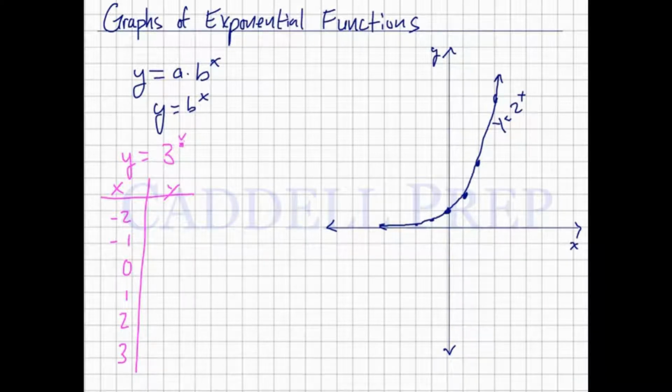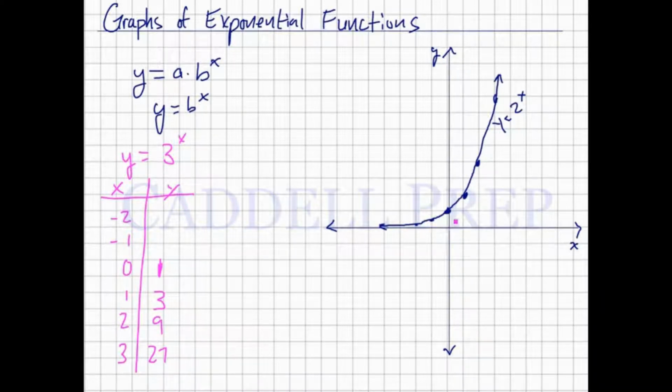We put 0 in. 3 to the 0 is going to be 1. When x is 1, 3 to the first is 3. When x is 2, 3 squared is 9. And when x is 3, 3 cubed is 27. So we see these numbers grow much more quickly. And it'll be even more evident when we graph it.